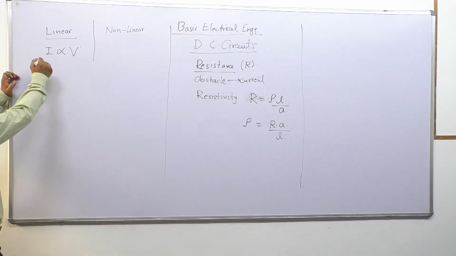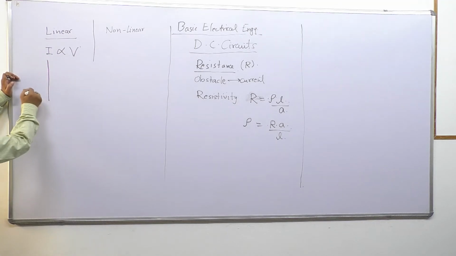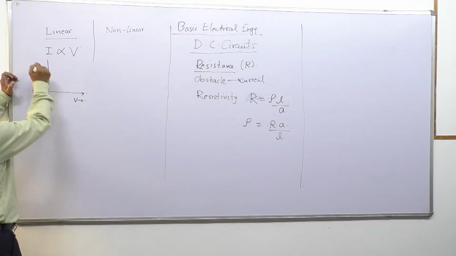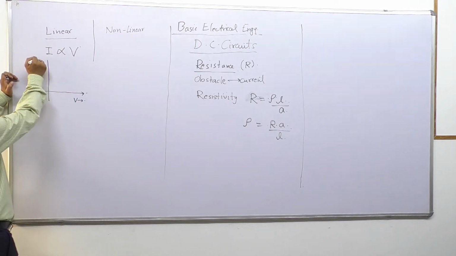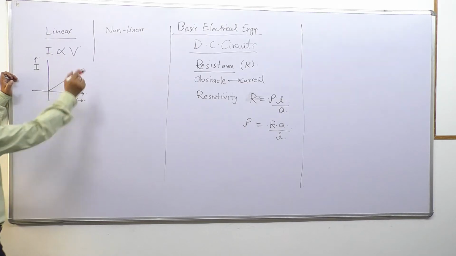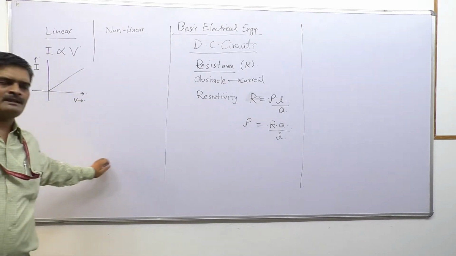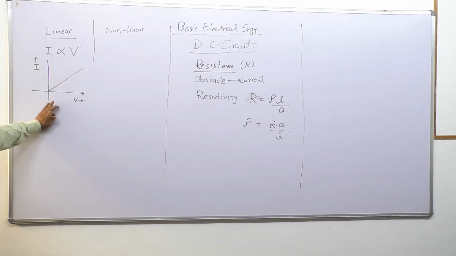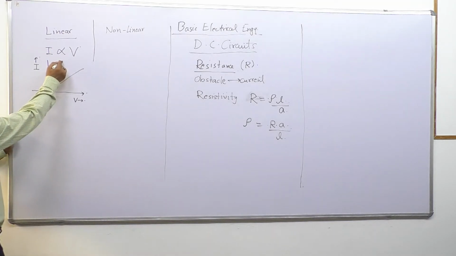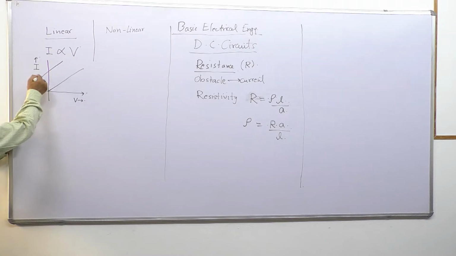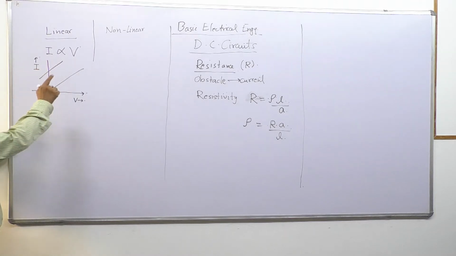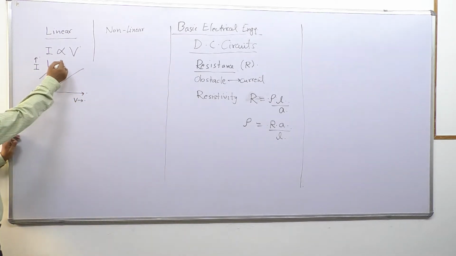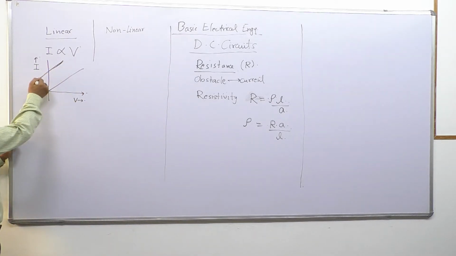So whenever we draw a graph between V and I of such elements, always the graph comes out to be a linear line or the straight line passing through origin. This also is a linear function, but in terms of electrical engineering subject, we do not call the elements which cause this type of characteristic linear.